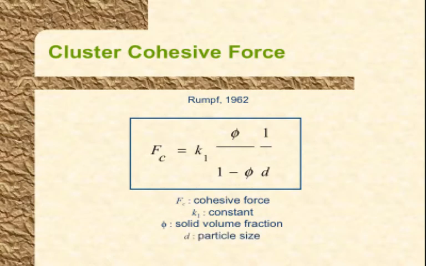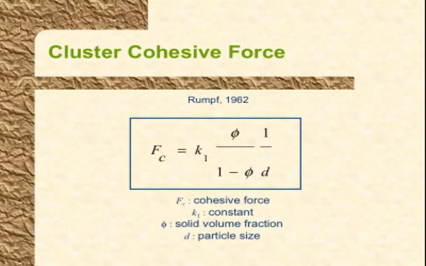But mainly, what does this say in terms of, as you reduce the particle size, what happens to the cohesive force? Yeah, it goes up. And so now it captures one aspect, that small particles are more difficult to make homogeneous. And so the model captures that. It also captures the fact that with a higher volume fraction, it's more difficult to break up the cluster, right?